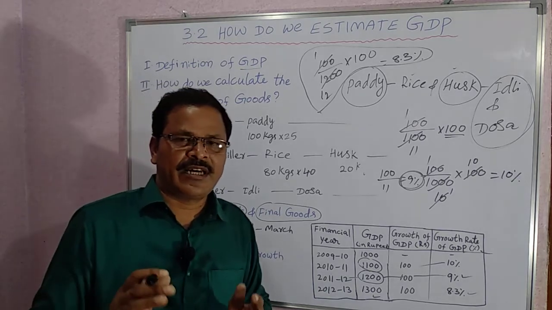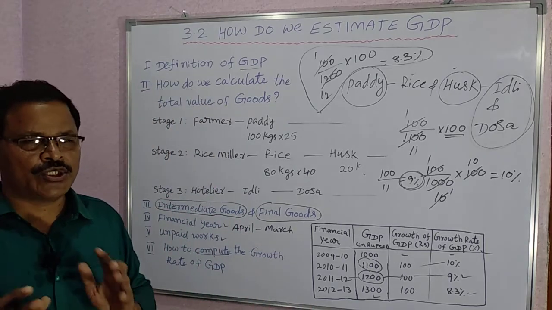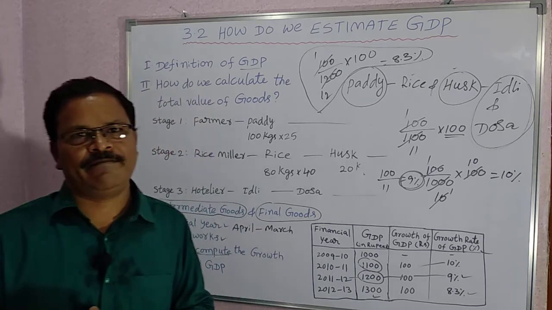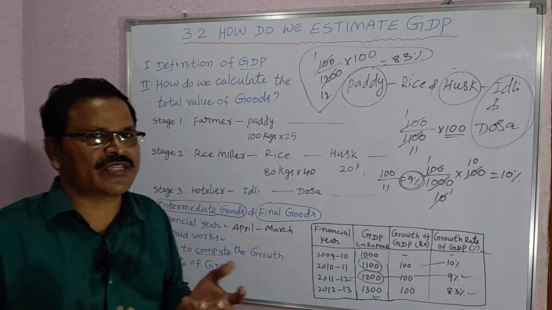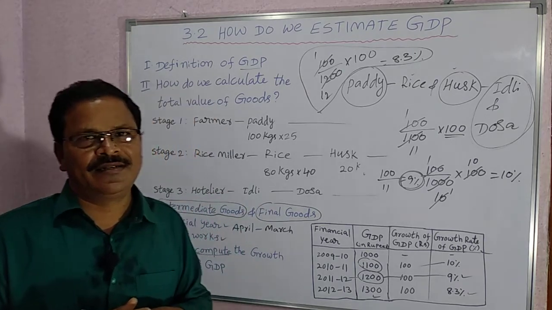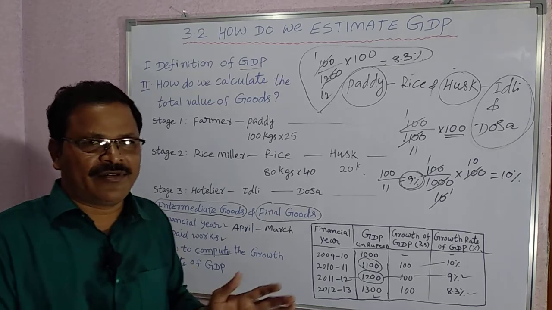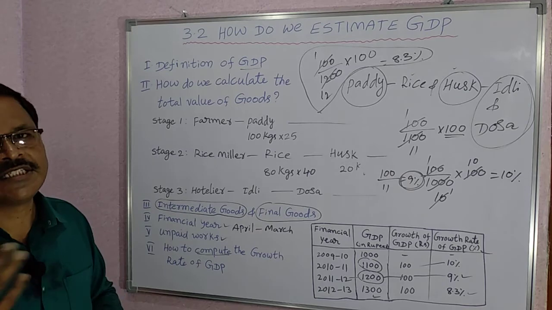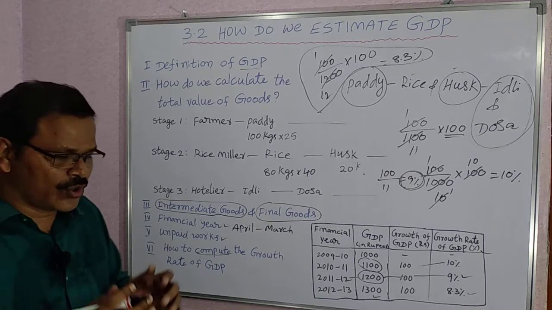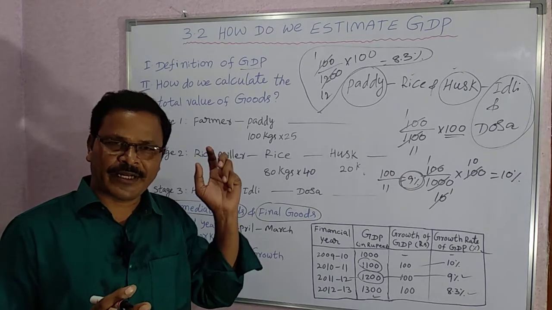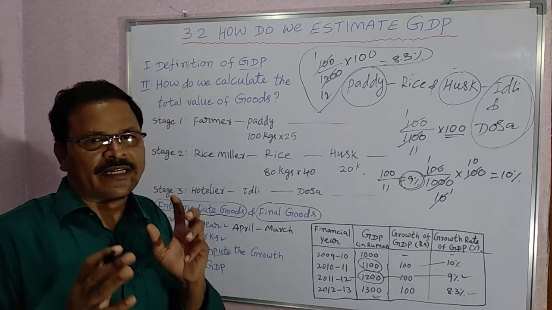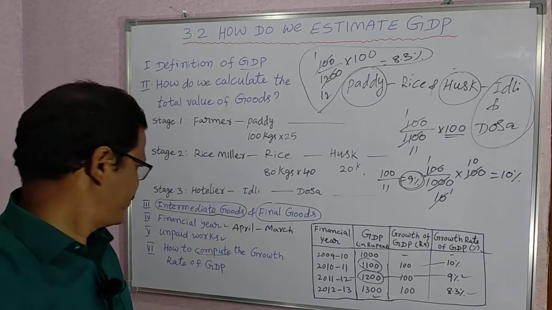But there are many items that are not sold or purchased in the market. We cannot buy the services of a mother in the market. These unpaid works are not recorded in the GDP. Though they are very useful to our economy, they are unpaid, so they are not recorded in our GDP.